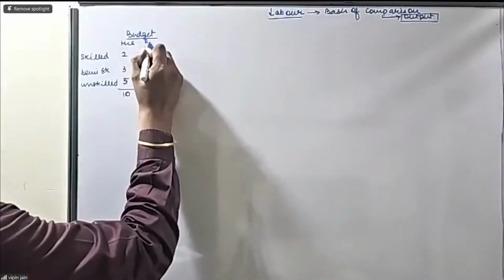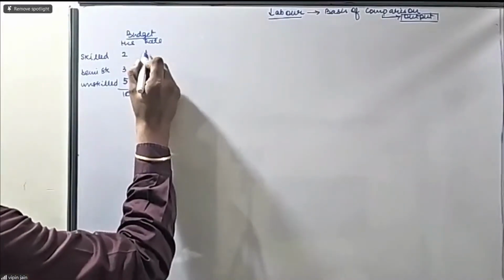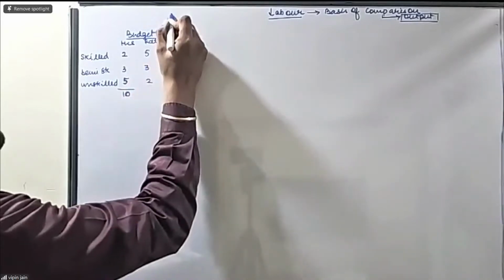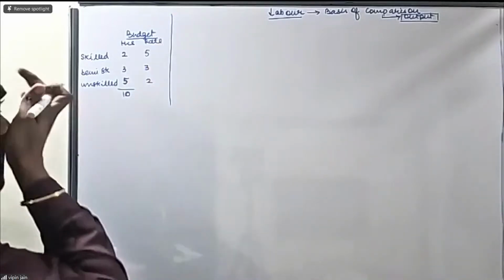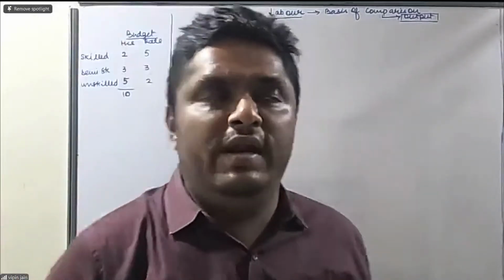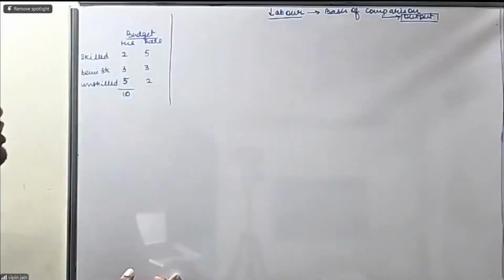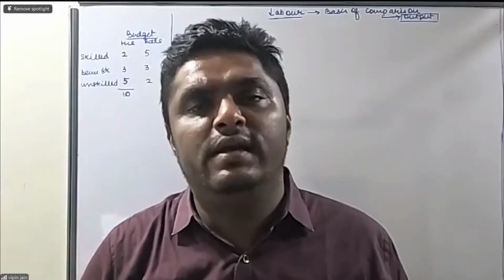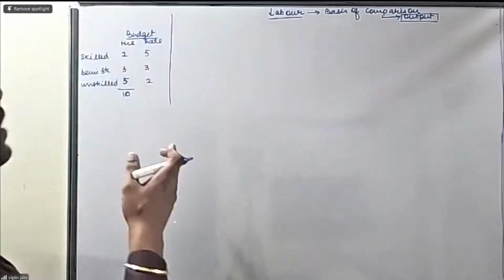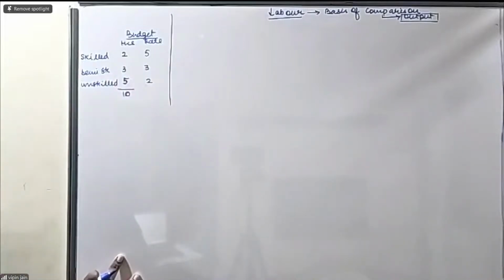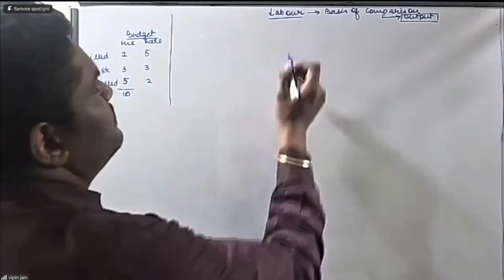Further, the rate is also given, how much we are paying them per hour: 5, 3, and 2. This is the budgeted data given for the period for a company, wherein to manufacture a product, 3 types of labor force are required, that is skilled, semi-skilled and unskilled. 2 hours are required for skilled, 3 hours for semi-skilled, and 5 hours for unskilled labor.